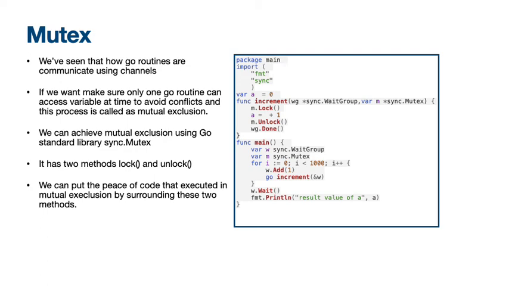To avoid this conflict we use the mutex, mutual exclusion, through which we put that expression between the Lock and Unlock functions, so that each Go routine can access that variable one at a time.